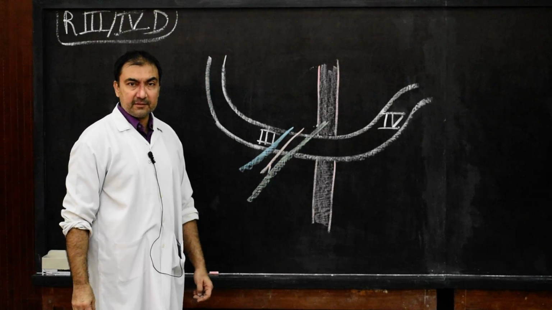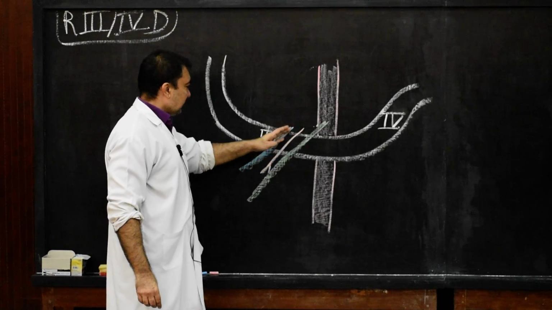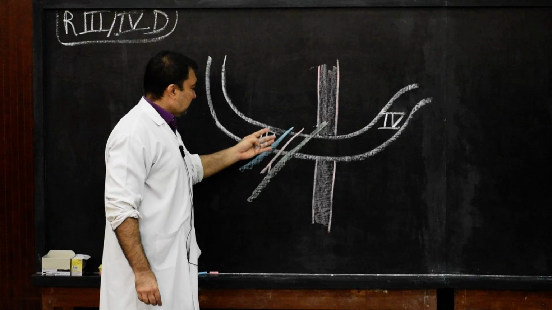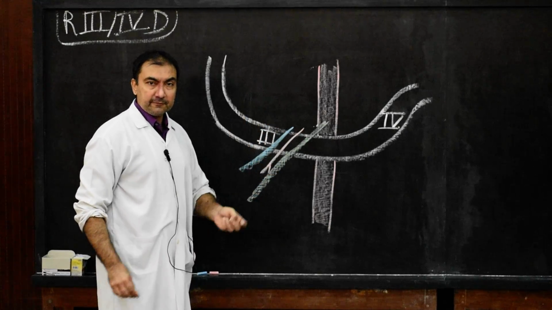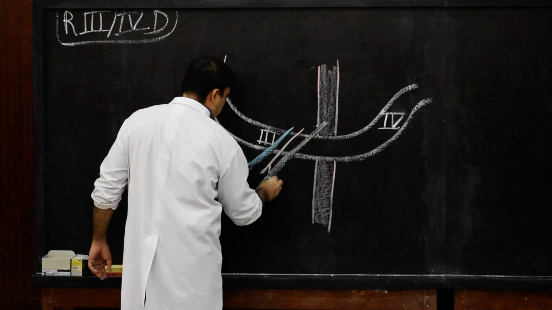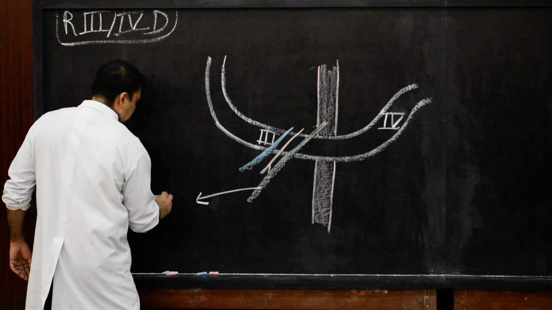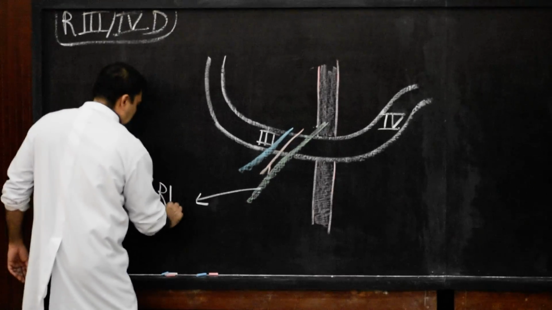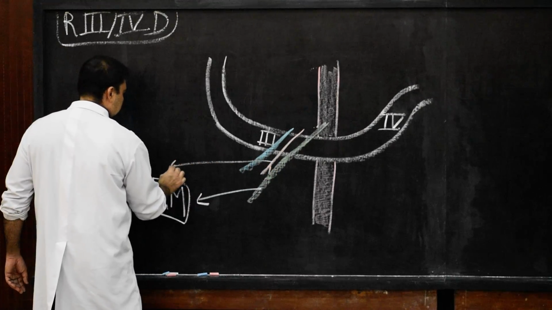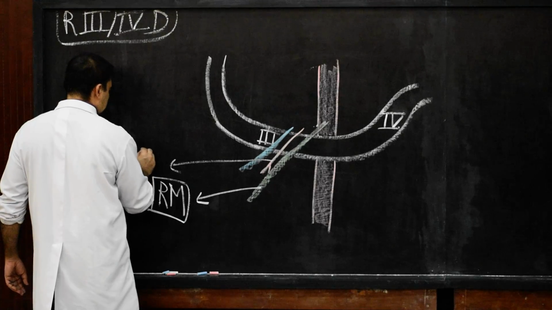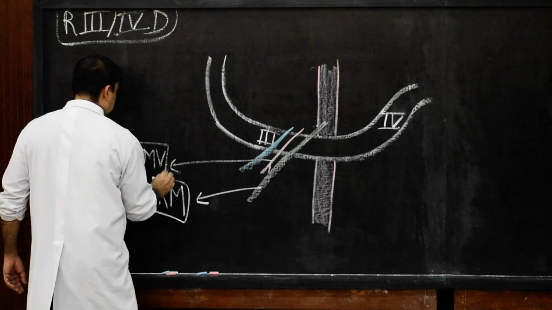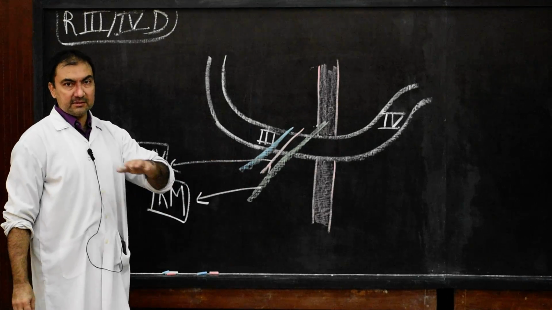The superior mesenteric vessels, vein and artery, will form the anterior relations of the third part of the duodenum along with the root of the mesentery. These are the two structures. Please name them here as the root of the mesentery and the superior mesenteric vessels. So the anterior relations of the third part of the duodenum are complete.